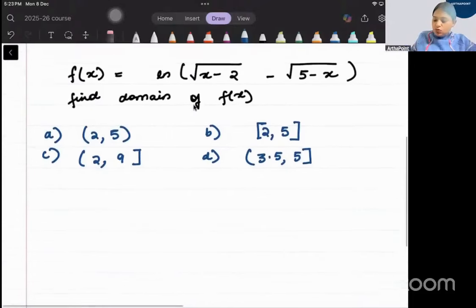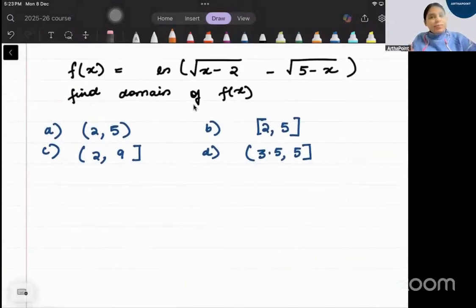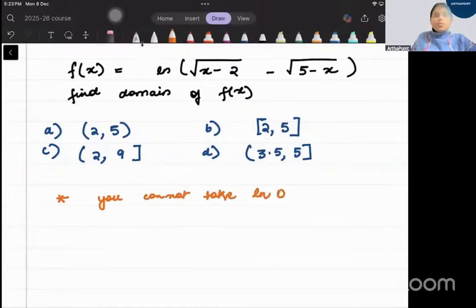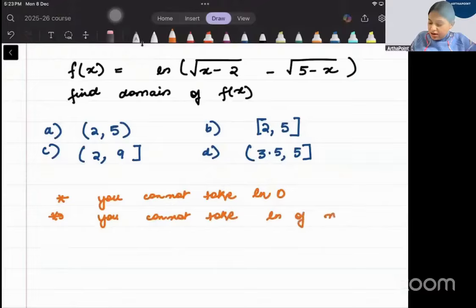So when you do this question, I'm writing some properties that you should remember. You must remember those properties well. The first property is that you cannot take ln of 0. The second property is you cannot take ln of any negative number.